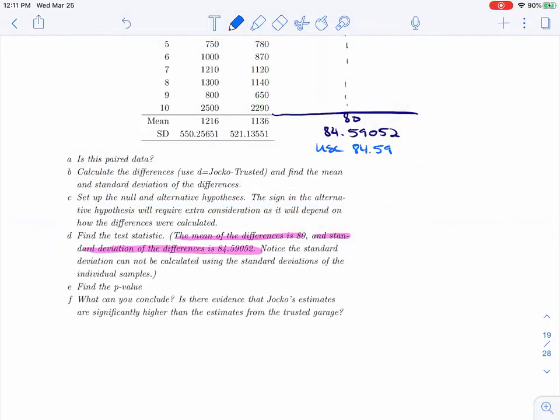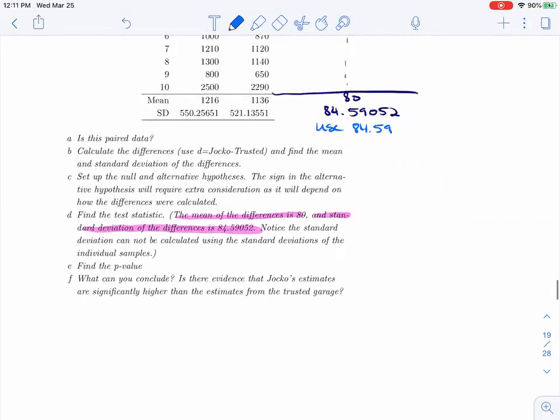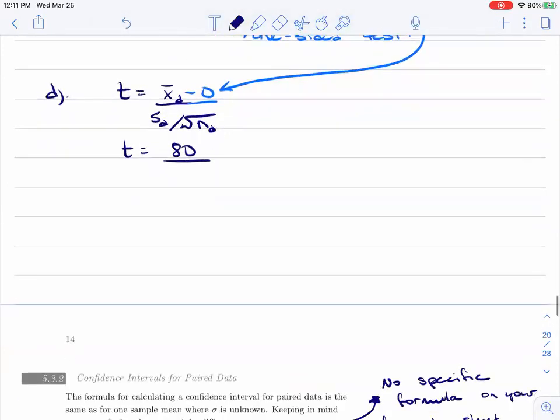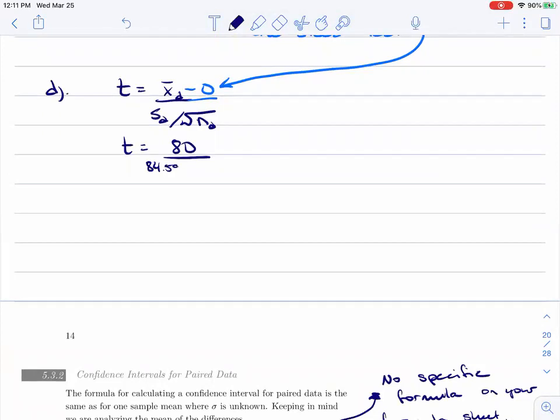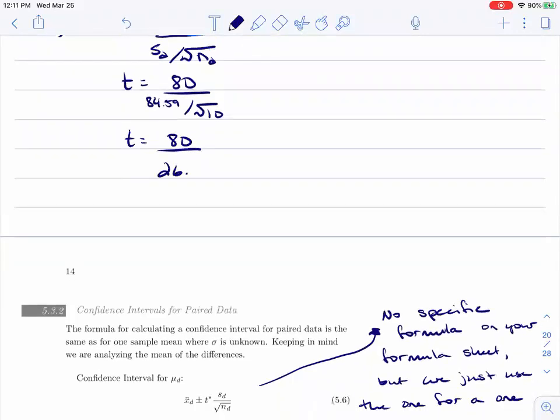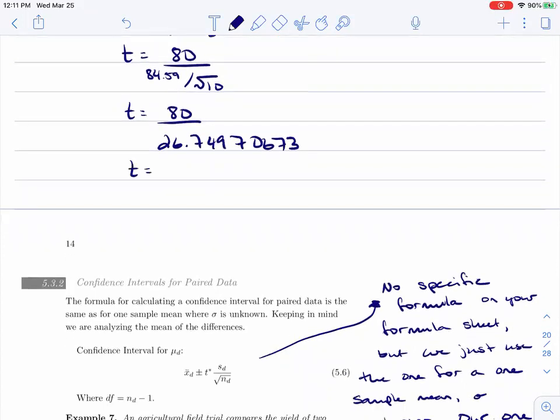I'm cheating. If I give you all those decimal places, I want you to use them all. But just to speed things up a little, 84.59 divided by the square root of 10 gives 26.74970673. 80 divided by that, I get a t of 2.990686994.